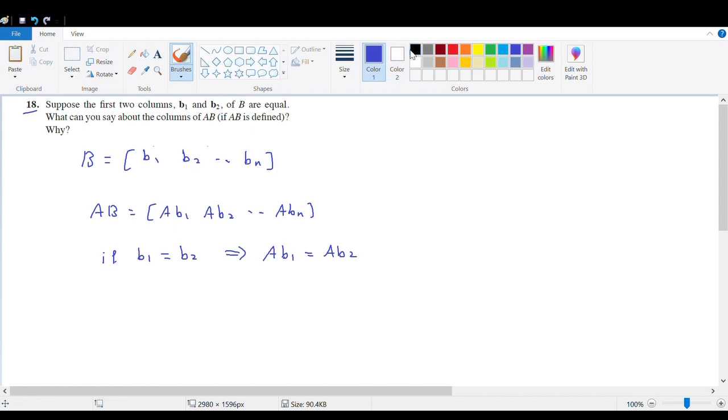Let us take both of them as b. Now both are equal, so we get Ab, Ab. So it is clear that Ab1 should be equal to Ab2.